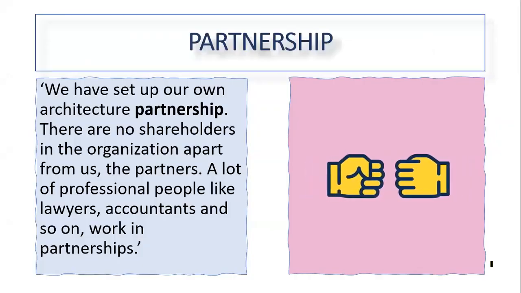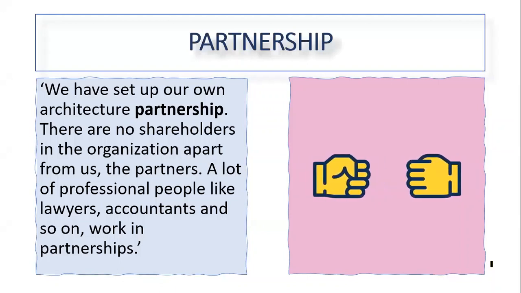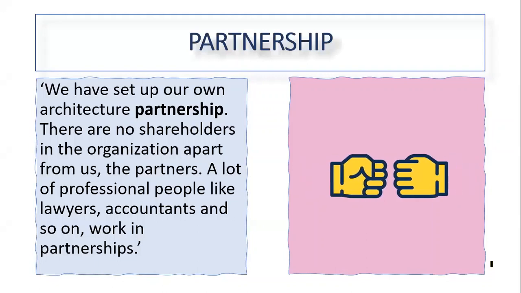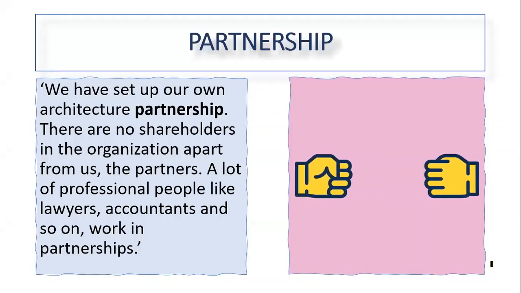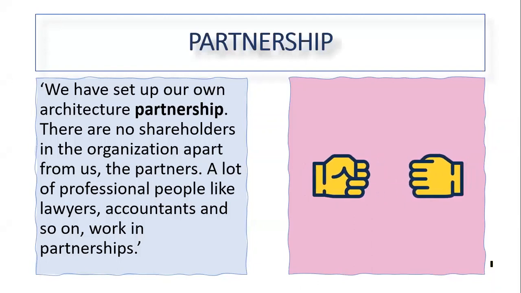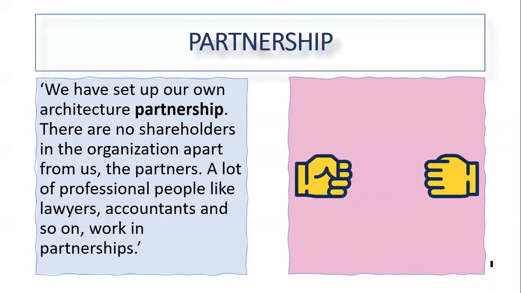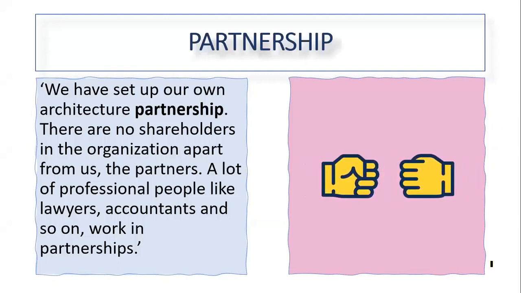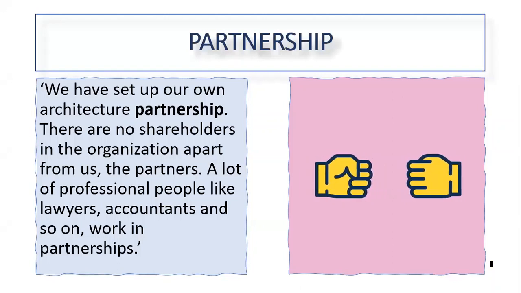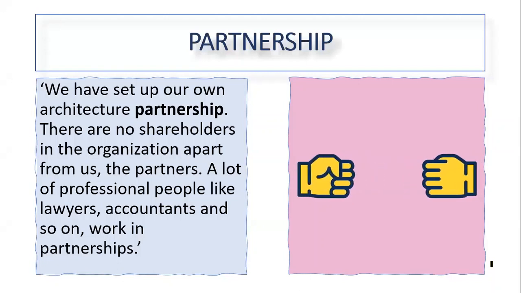As you can see in this short video, there are two people, like agreeing something to do together. So what is a partnership? We have set up our own architecture partnership. So obviously we're talking about two people, maybe more. In this case, there are no shareholders in the organization apart from us, the partners.